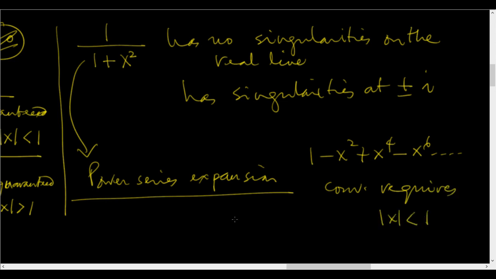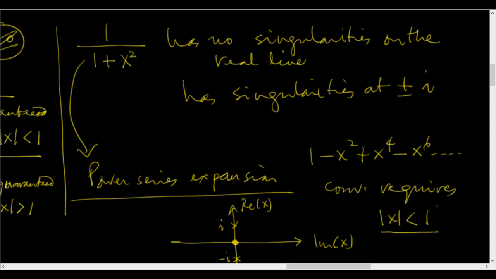This is because on the complex x plane, so real part of x and imaginary part of x, there are singularities here and here at i and minus i. The series is about this point here at 0, and this is called the radius of convergence.